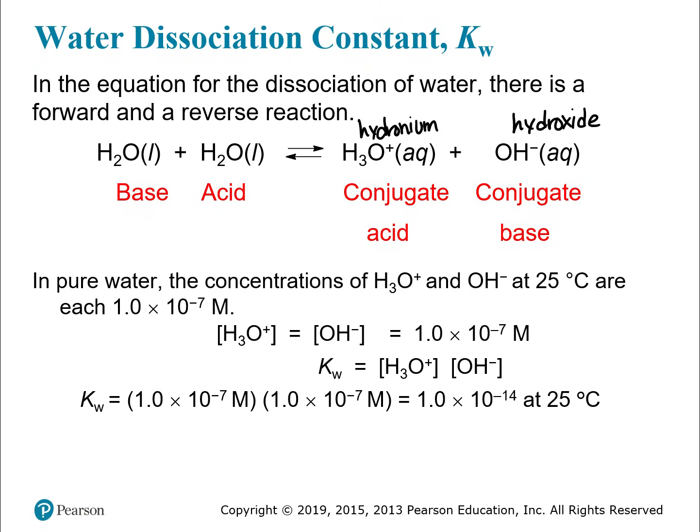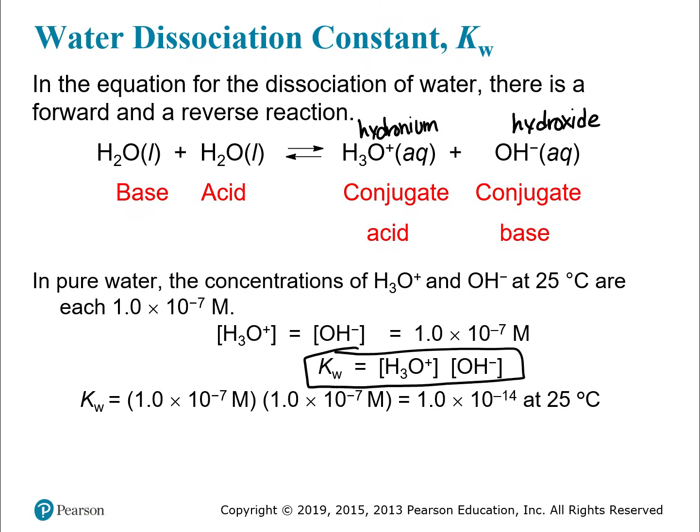We said that when we write these dissociation expressions, we don't care about the pure liquids. Pure liquids don't have a changing concentration. That means that for our expression, the Kw is simply equal to the concentration of hydronium times the concentration of hydroxide.